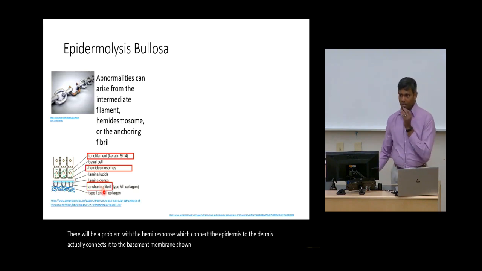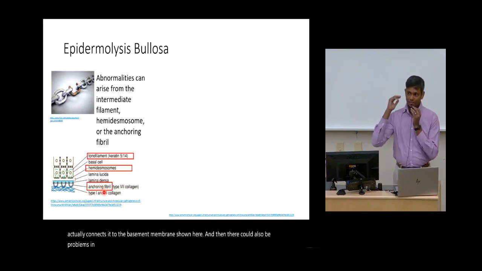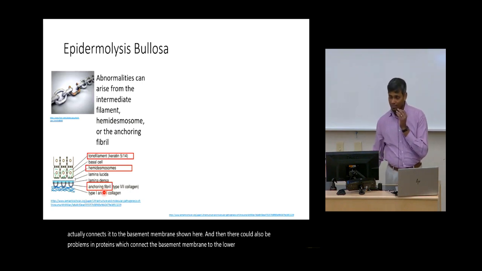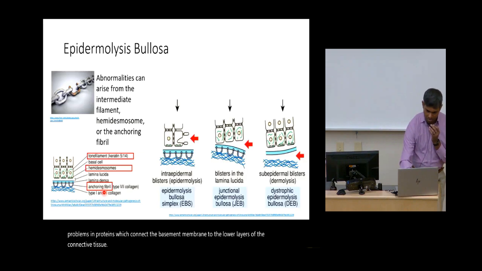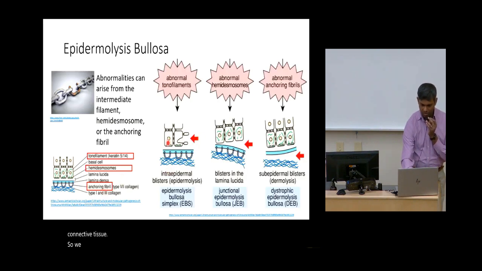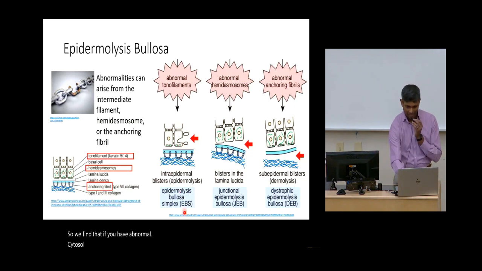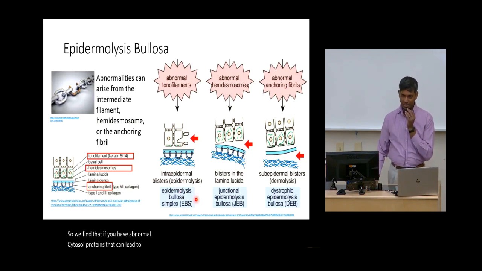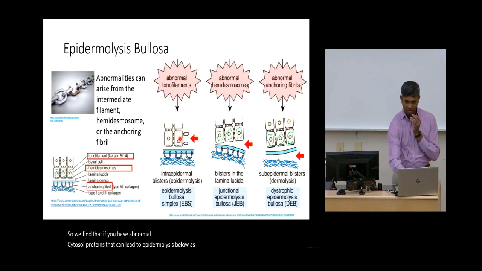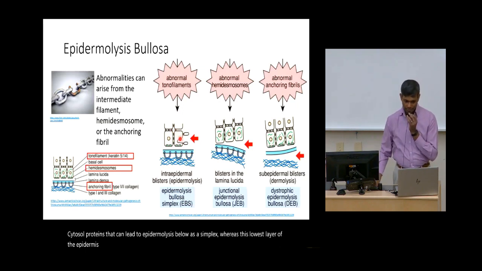And then there could also be problems in proteins which connect the basement membrane to the lower layers of the connective tissue. So we find that if you have abnormal cytoskeletal proteins, that can lead to epidermolysis bullosa simplex, where this lowest layer of the epidermis is going to tear off.